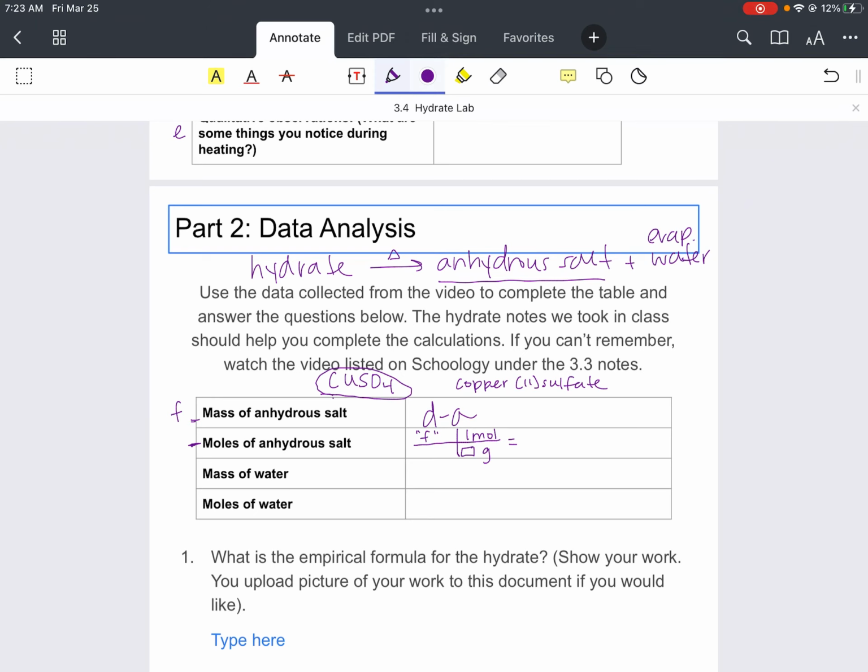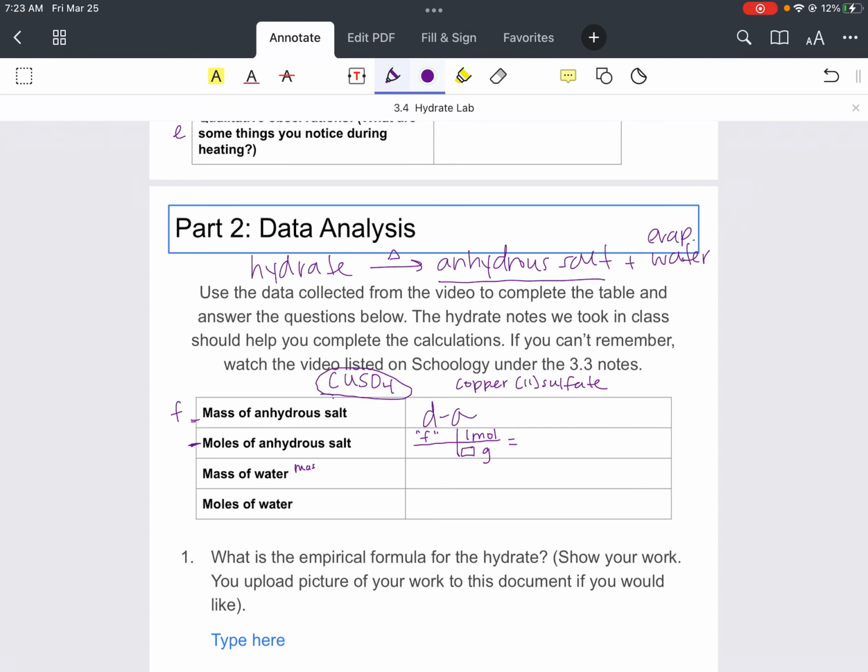For the mass of water, we have to go back to our equation and think: if we started with the whole hydrate, and then we figured out the mass of our salt, we should be able to figure out the mass of water by just subtracting.